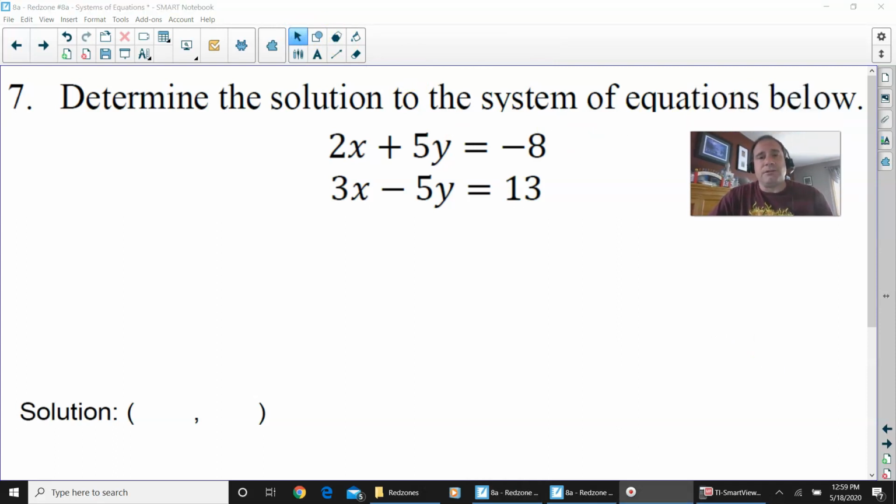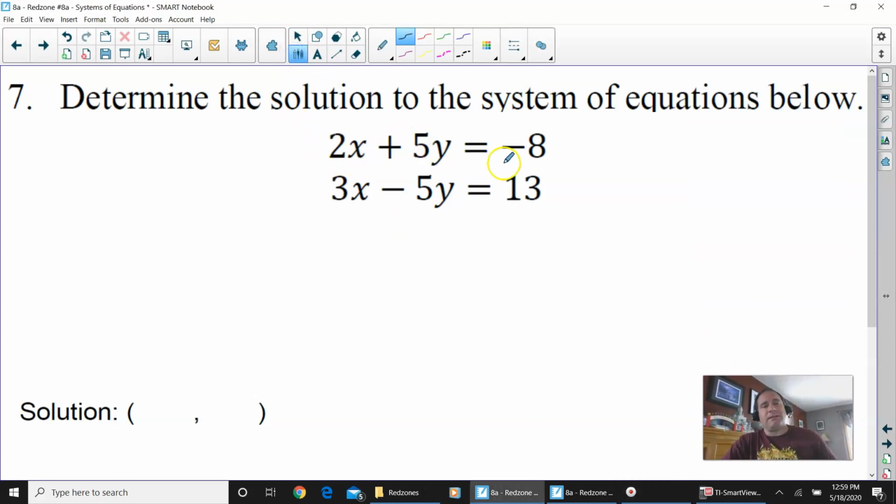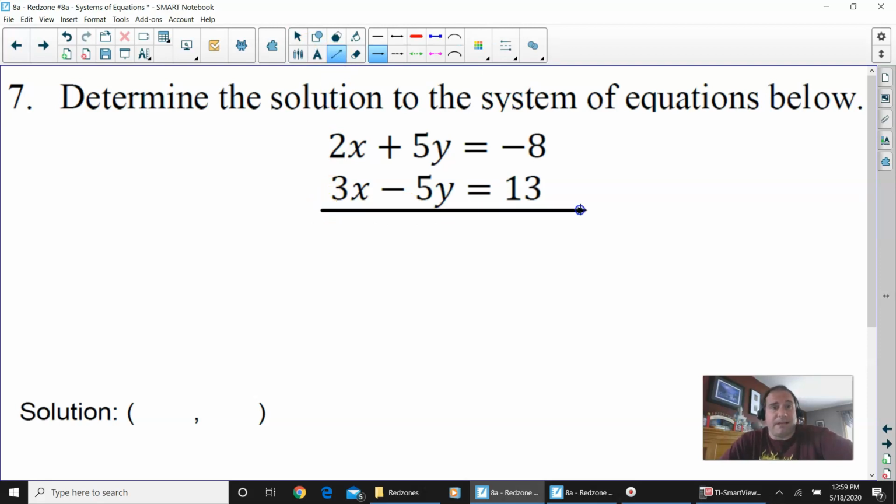All right, so you have 2x plus 5y equals -8, and then we also have 3x minus 5y equals -13. So remember, there's no y equals and y equals, so you can't set these equal to each other. What you do is look for my favorite method, which is substitution. I'm sorry, substitution is not my favorite method.